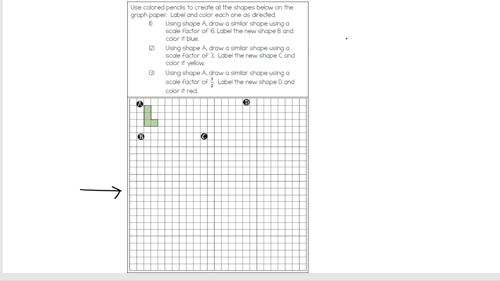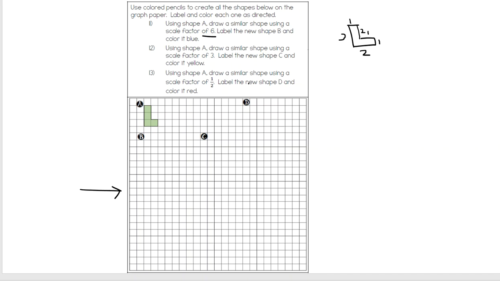So basically what you're going to do is if you have this side is 3 and this side is 2 and this side is 1 and this is 1 and this is 2 and this is 1. You have to multiply all of those by 6. Okay, so if you're using shape A, you're going to draw a similar shape using a scale factor of 6. So everything has to enlarge by 6.